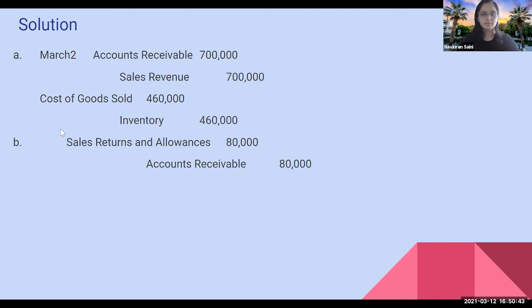That's why we use a different account, a contra sales revenue account. It is debited because we are getting our goods back, and we credit accounts receivable to decrease the amount that we are not going to receive in future.